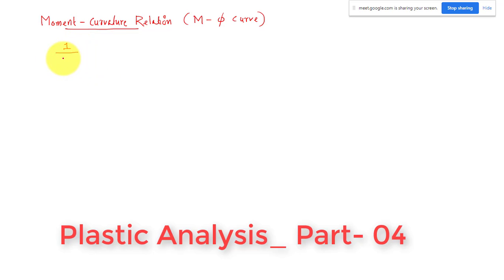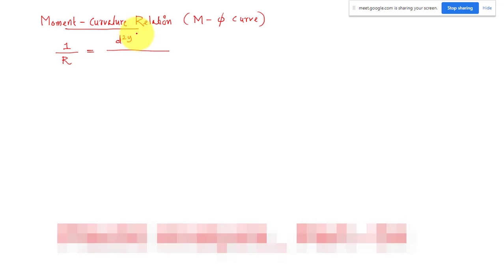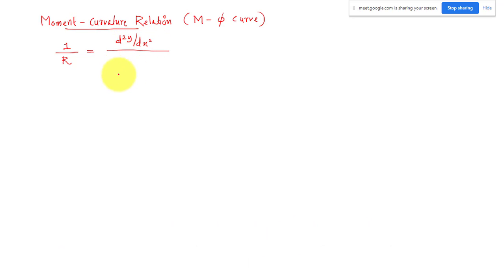The curvature is given by 1 by radius of curvature. This equation we have studied in mathematics. It is equal to d square y by dx square divided by (1 plus (dy by dx) the whole square) to the power 3 by 2.